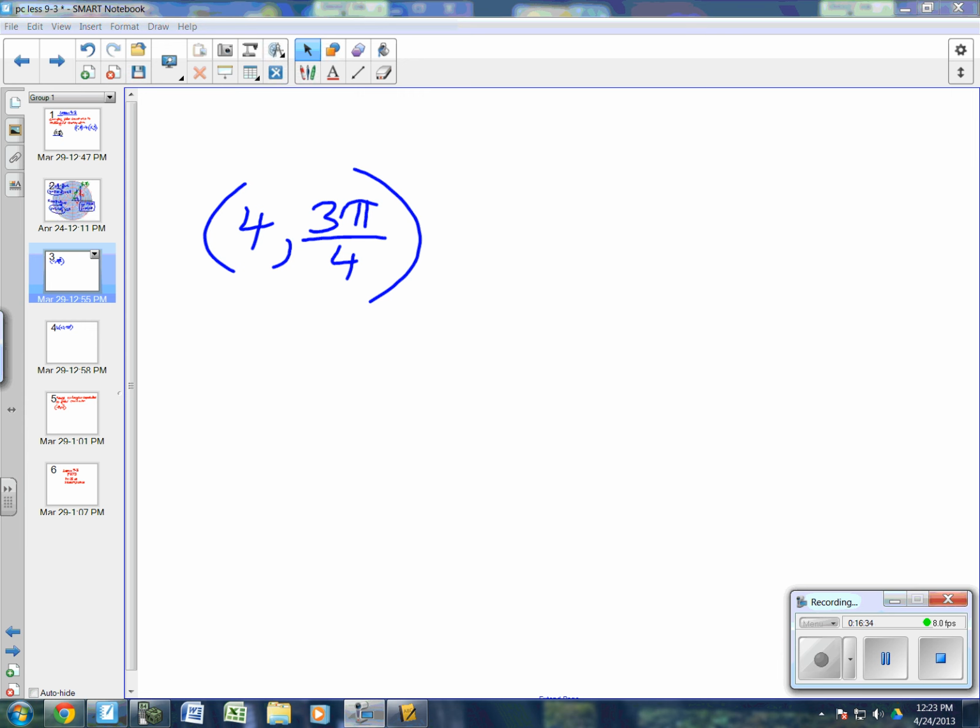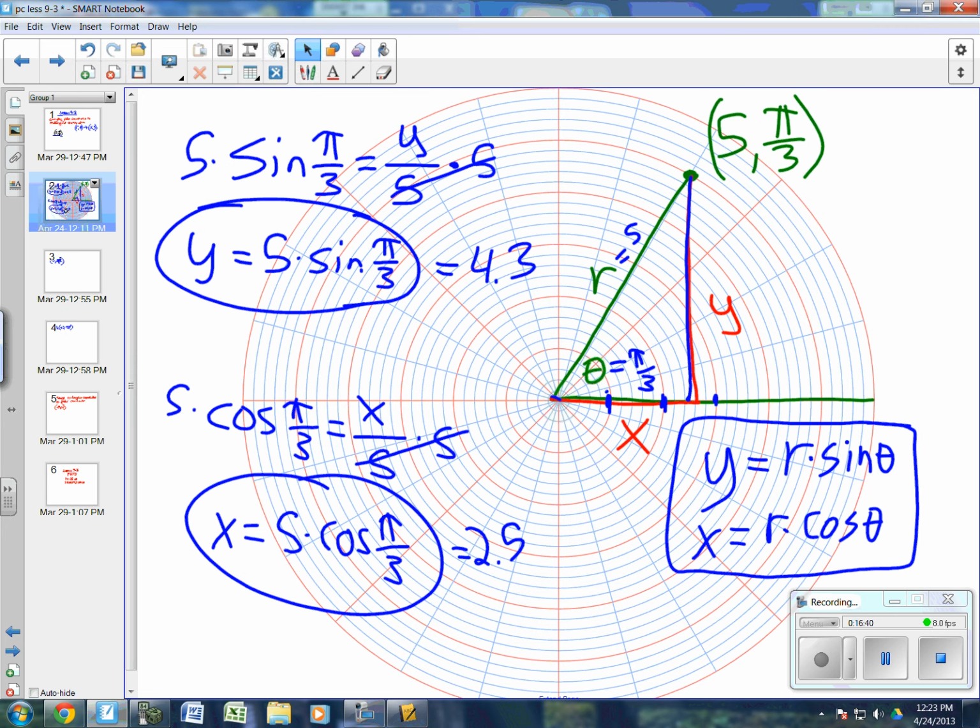Hey, you guys, the reason I drew a picture at first, some of you were asking me, do we have to do a picture again? The reason I did a picture here was to show you how we derived the formula. Do you understand what I'm saying? I showed you how we came up with the formulas using a picture, okay?